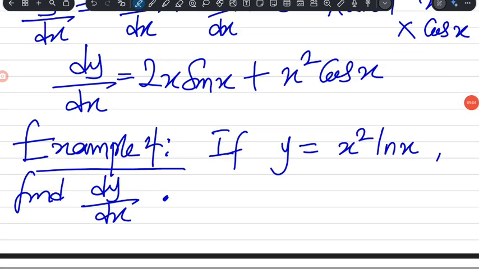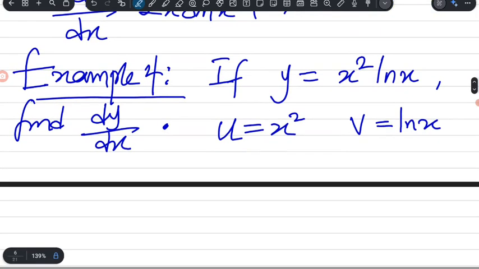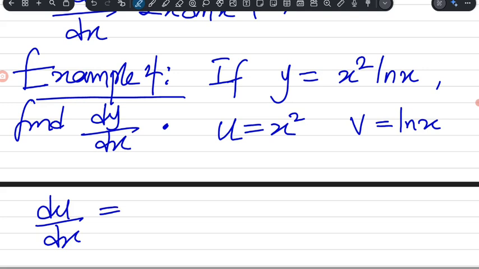This is example 4. You said our u is x² and v is log x or ln x. That's how you call it. Now, we have du/dx is equal to 2x and dv/dx.